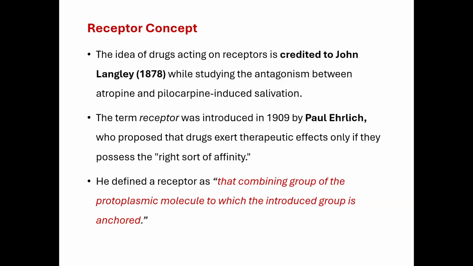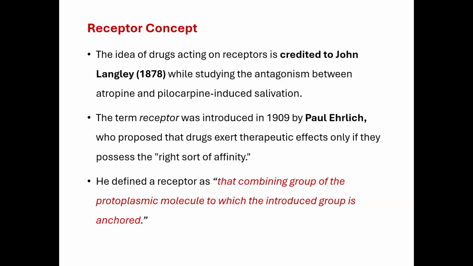What really happens when a drug binds to a receptor. Of course, there are certain scientists like John Langley in 1876, who studied what really happens using drugs like atropine and pilocarpine.